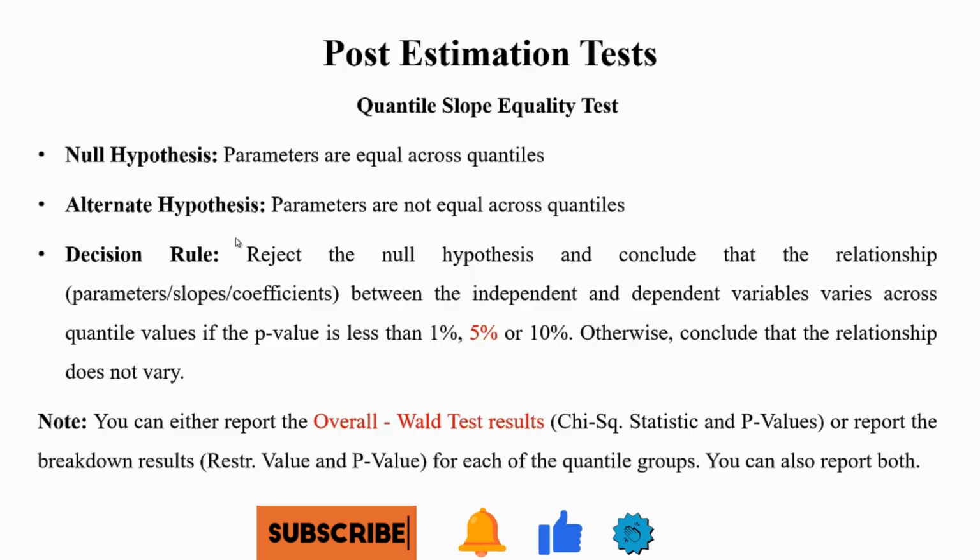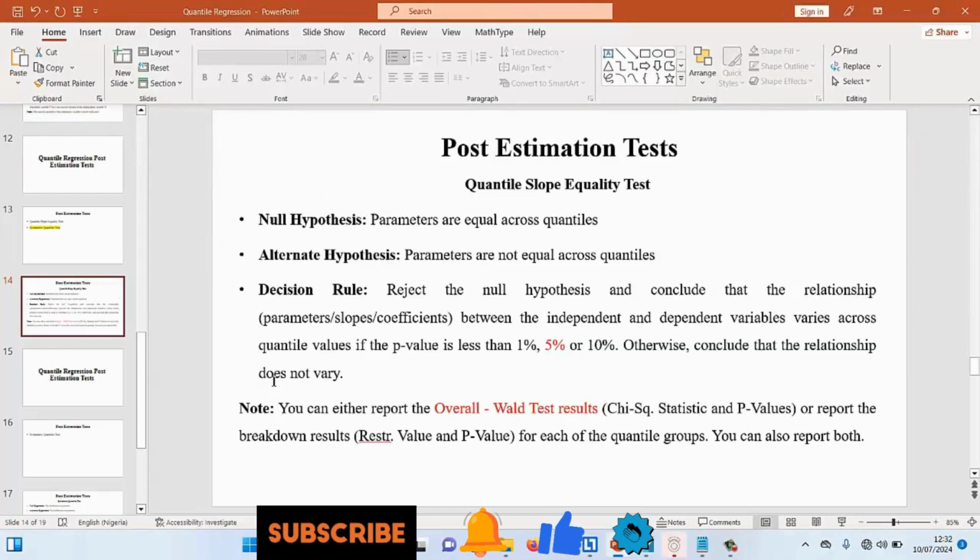Then once you explain it, you make sure you take a look at the individual results, the breakdown results. Once you notice that the probability value aligns with that of the overall, then you can just interpret the overall results and proceed with your analysis. So now, let us look at how to perform the quantile slope equality test in EViews and also how to interpret it.